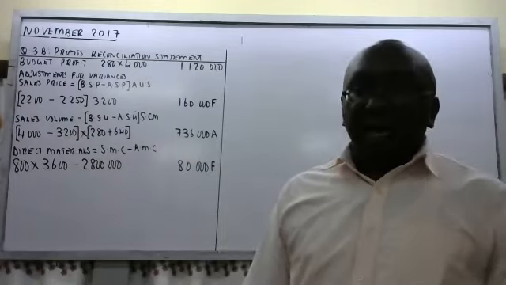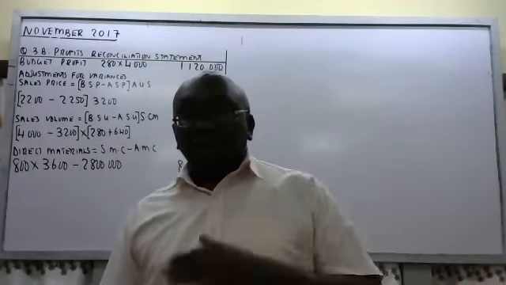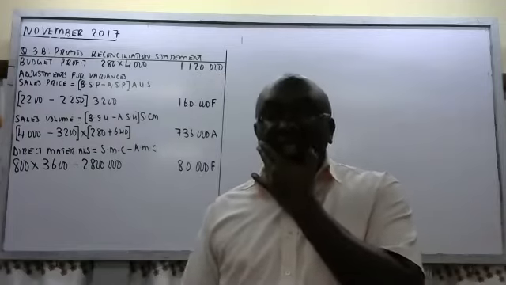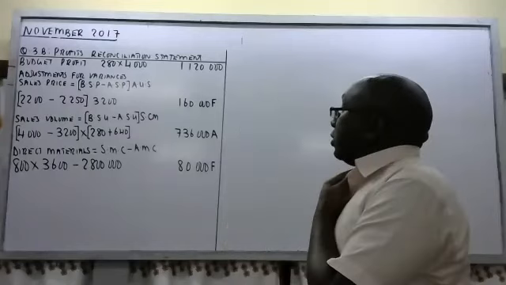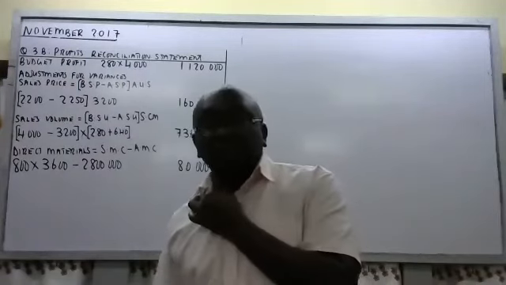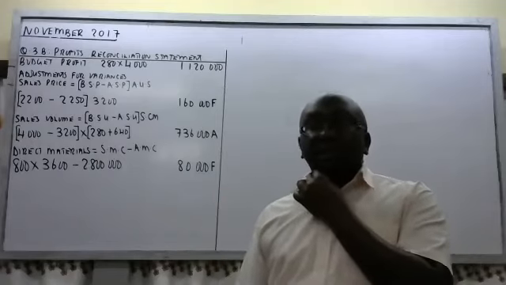Churchill, that 3,600 is the units produced. Yes, Royce, I can see that. Churchill, that 3,600 is the total units produced, the actual units produced. Are you able to see that?